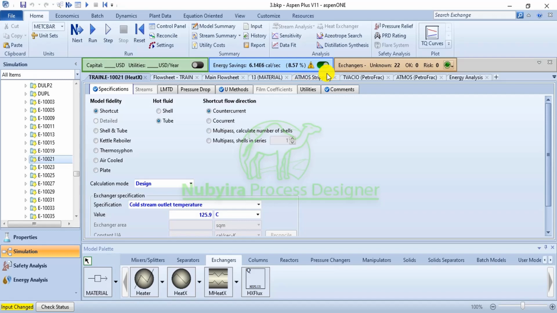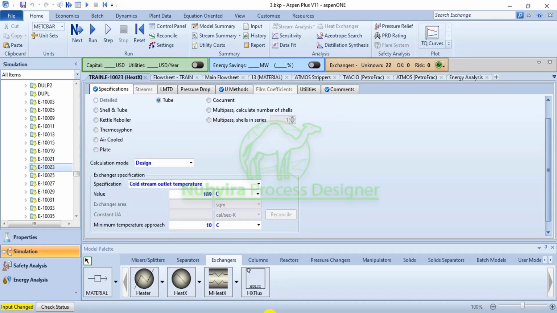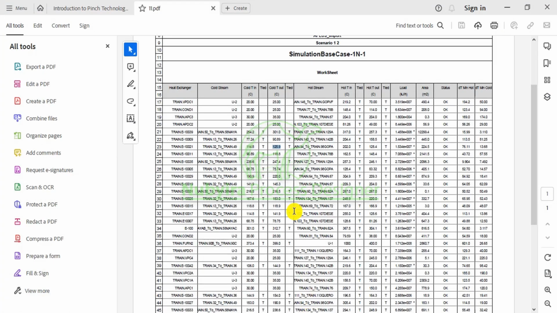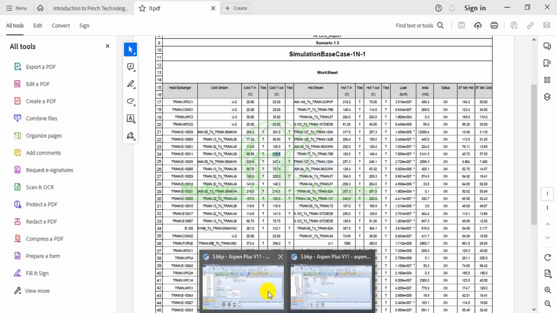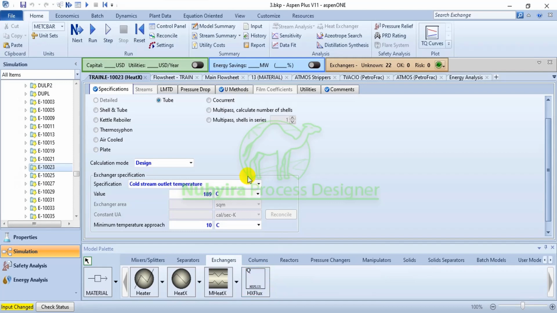You might want to disable this to prevent errors. The next thing after heat exchanger 21 is heat exchanger 11. So I'm going to do heat exchanger 11.